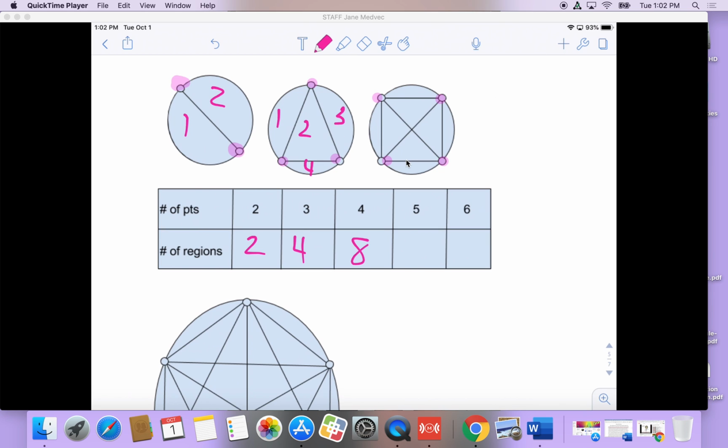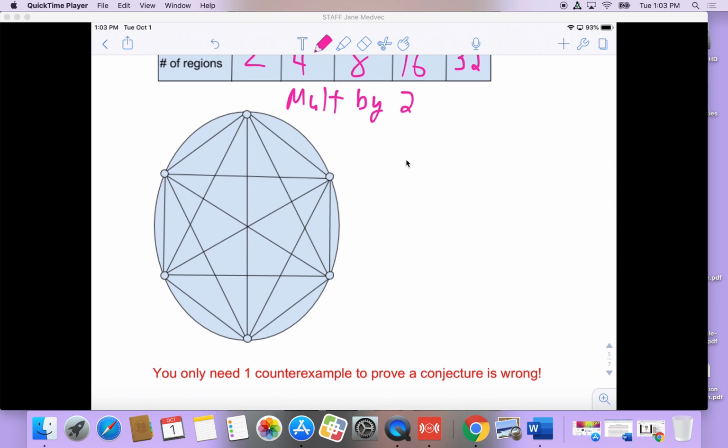Okay, so based on my pattern, if I had 5 dots, how many do you think we'd see? Yes, we think 16 because it says to multiply by 2. So for 6 points, which is the next picture, I should have 32, right?